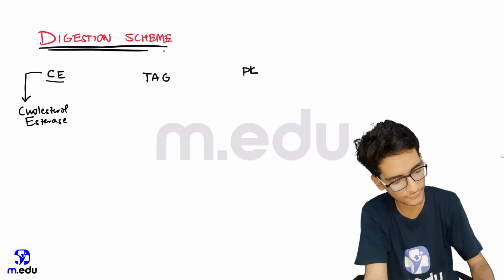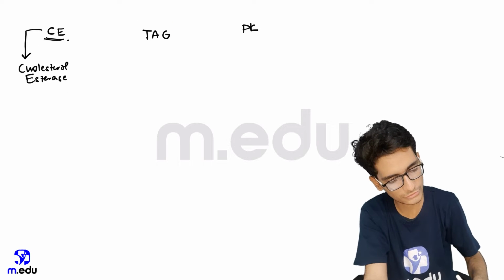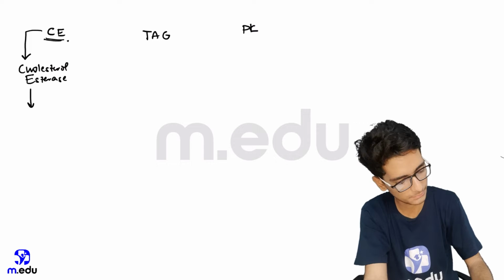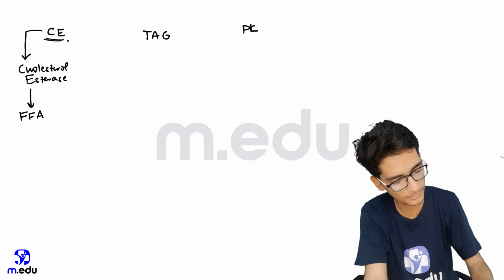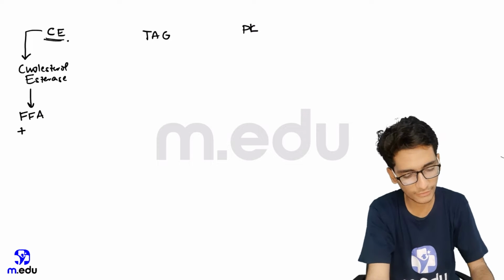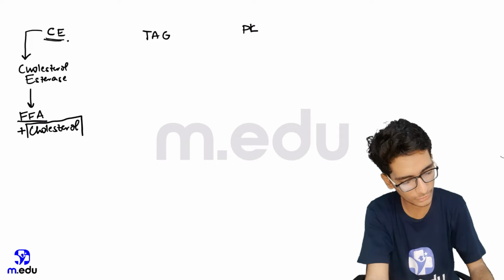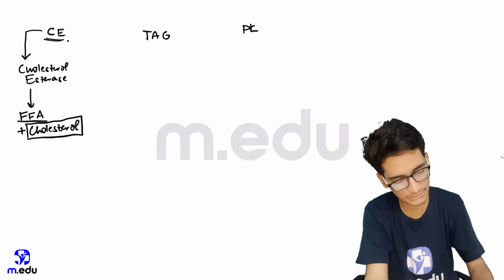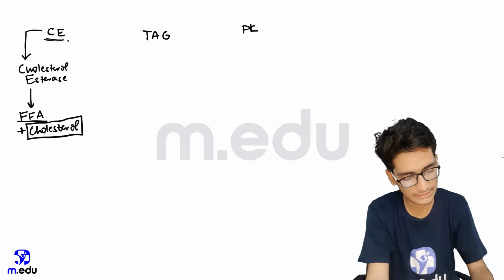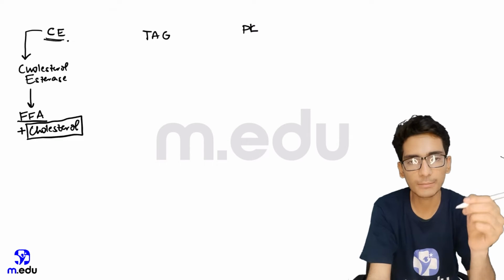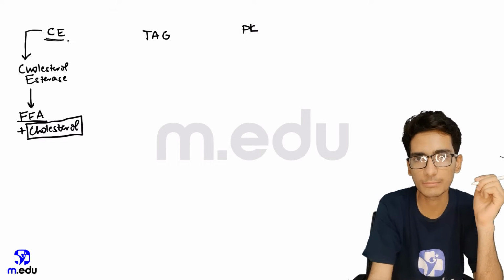As the name suggests, it breaks down the substrate cholesterol ester to form FFA, free fatty acid, along with a cholesterol molecule. Cholesterol is a very important molecule. We must understand that it's a starting point for the synthesis of many molecules.